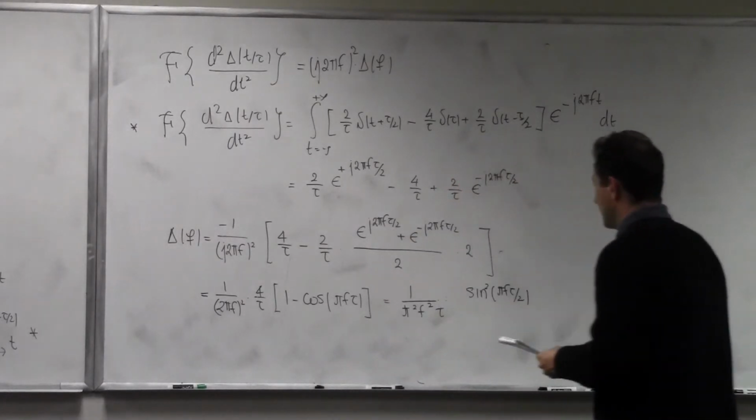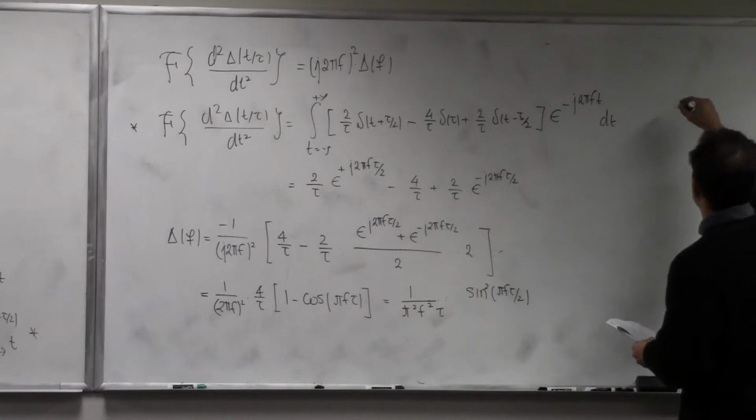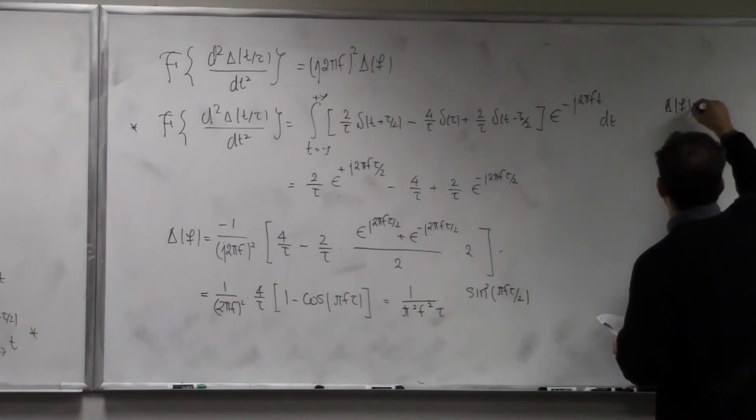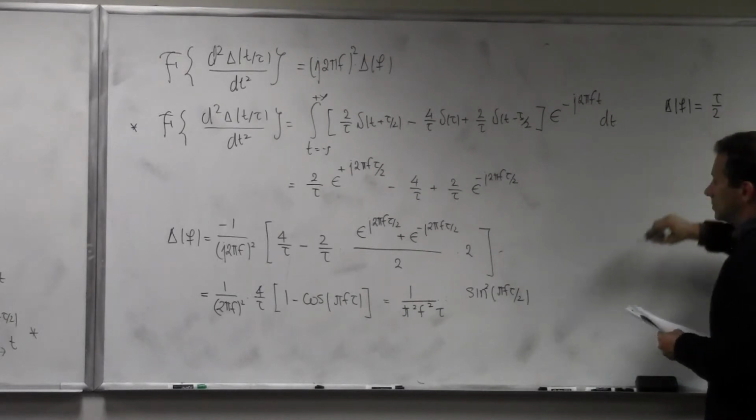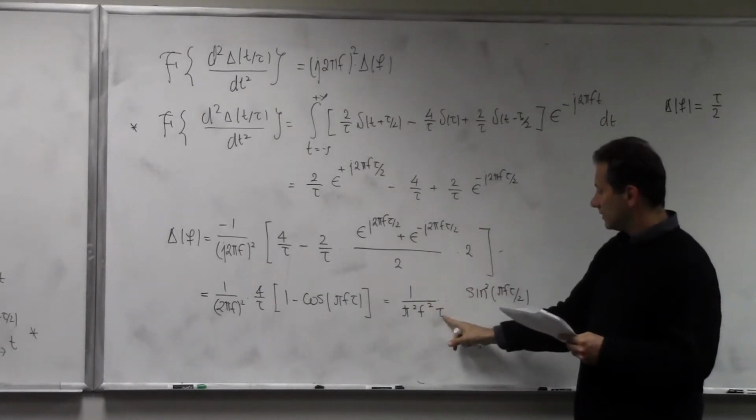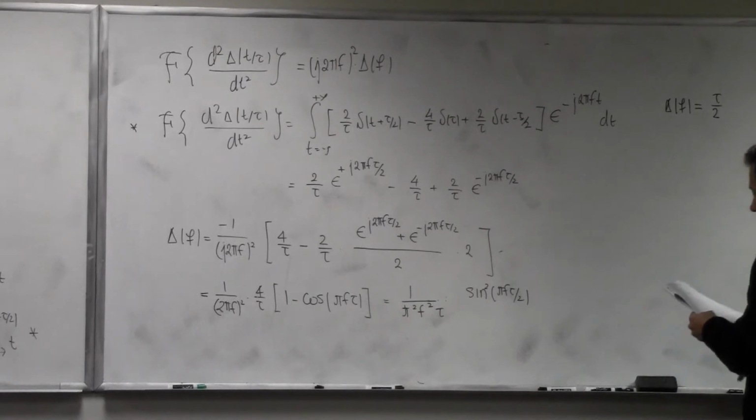And one more step. I'm going to say that this is tau over 2. So I pull one tau outside, so I have tau squared downstairs.